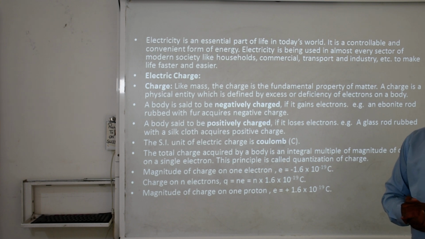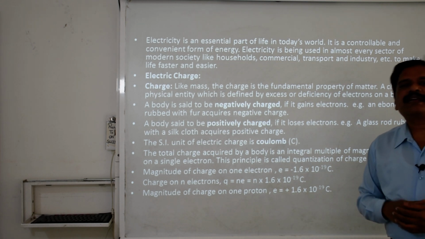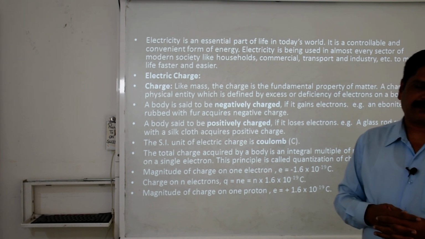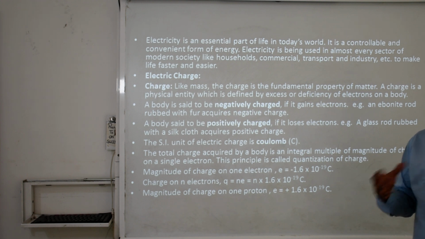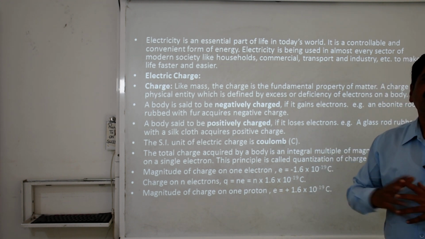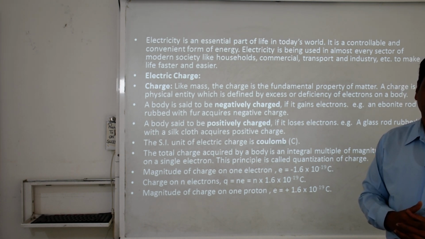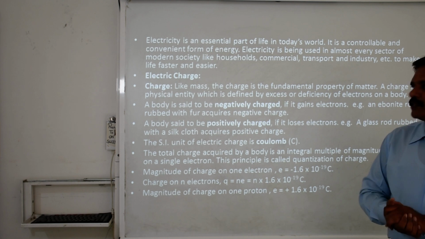An atom is neutral, but when it donates or receives electrons, then it becomes a charged structure. Clear? Till it either loses or gains an electron, it is a neutral entity, but when it gains or loses an electron, it becomes a charged structure.